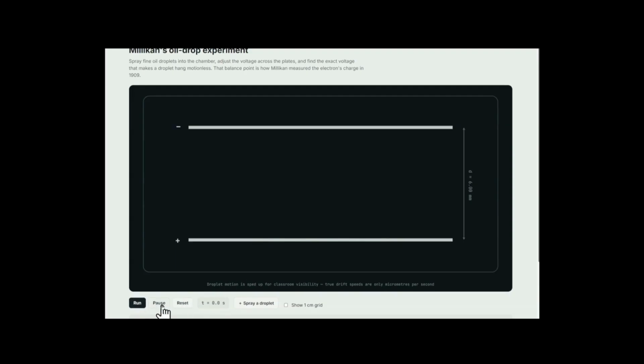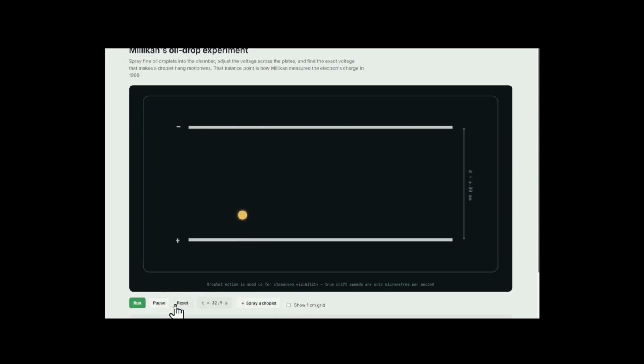And what they did was they introduced a droplet, and this is obviously, like I said before, not to scale, but this is a tiny, tiny, tiny piece of oil. And when they release that, they will look at it through a microscope, and they would see, as you would expect, the oil drop just falling under the effects of gravity.